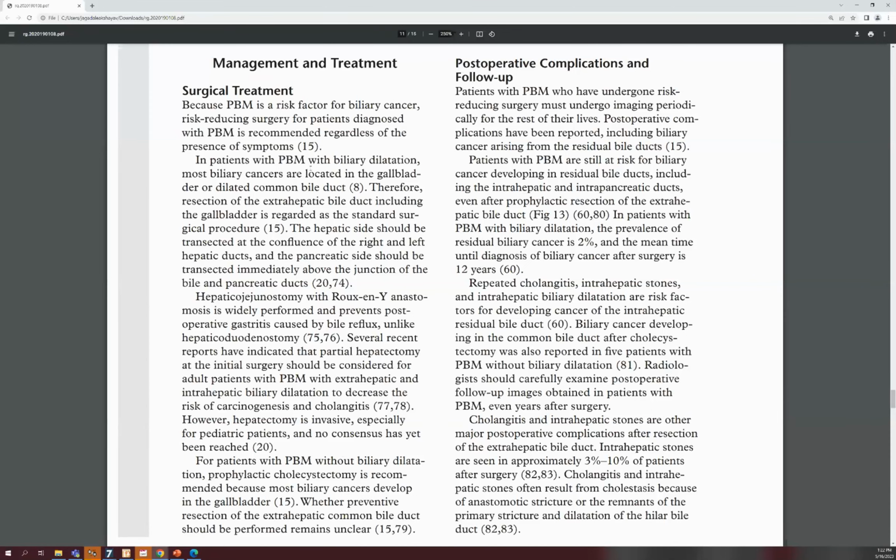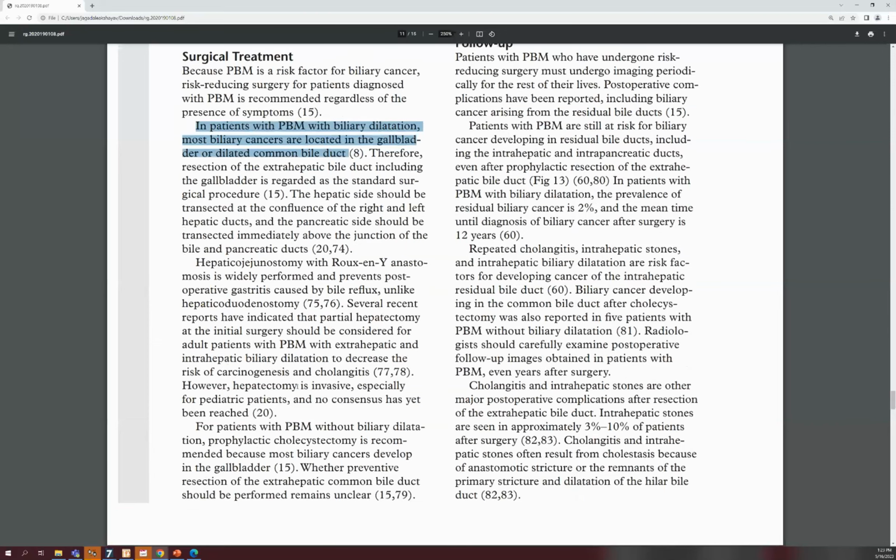If the patient has biliary dilatation, most of the biliary cancers are located in the gallbladder or dilated common bile duct. So these patients, they prefer to go for hepaticojejunostomy with Roux-en-Y anastomosis. And if the patient does not have biliary dilatation, then they plan prophylactic cholecystectomy, because most of the biliary cancers develop in the gallbladder.